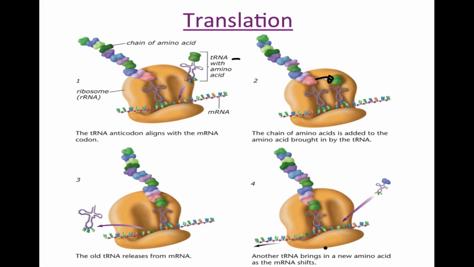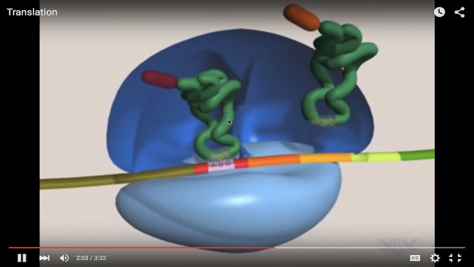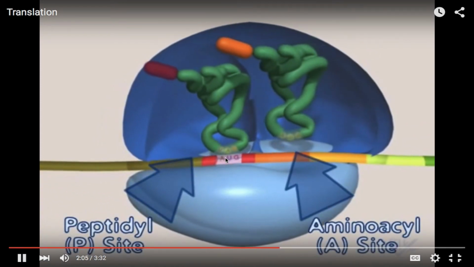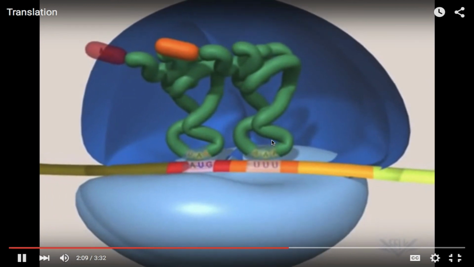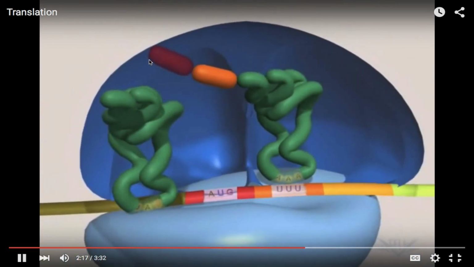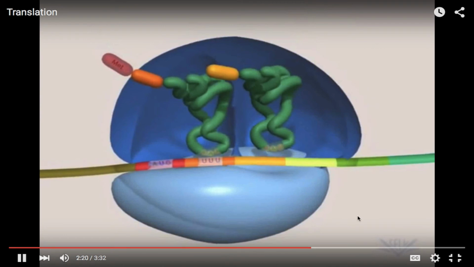I have a nice video clip to show you of translation. Okay, so here you can see the tRNA with the amino acid on top. Another tRNA has joined at the ribosome. Then the amino acid will be joined to the new one. Here we have new tRNAs coming in.